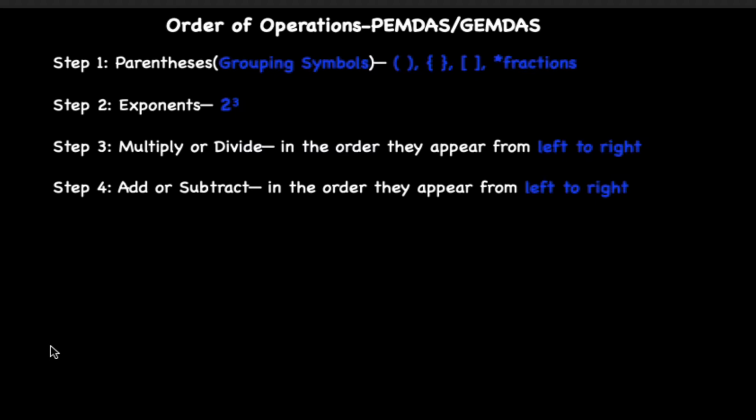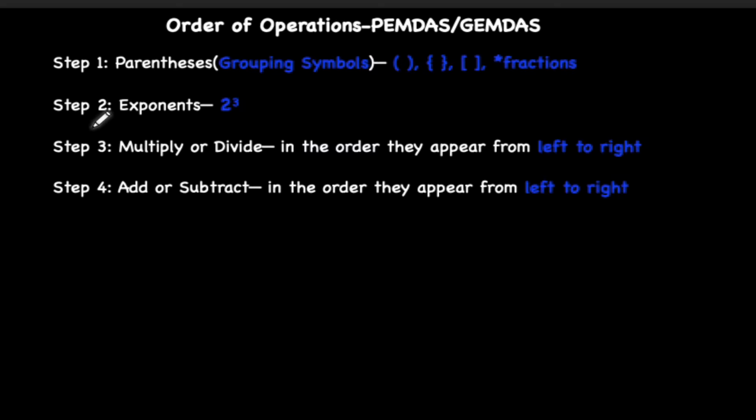I will go over in a moment why I have fractions listed there in step 1. Step 2 is exponents. Step 3, you multiply or divide, whichever comes first from left to right. And the same thing with addition or subtraction, whichever comes first from left to right. All right, so let's get started with our first example.